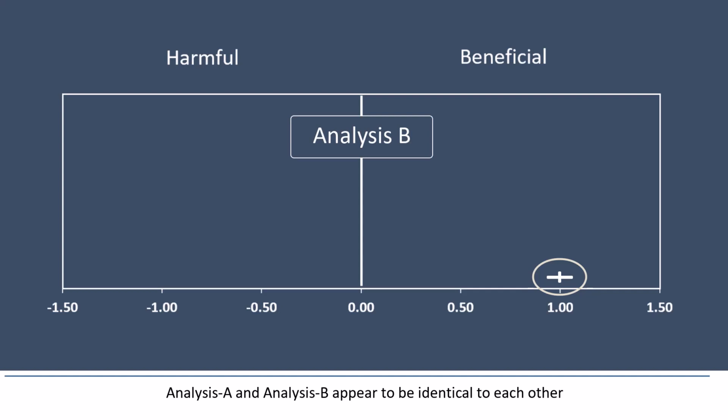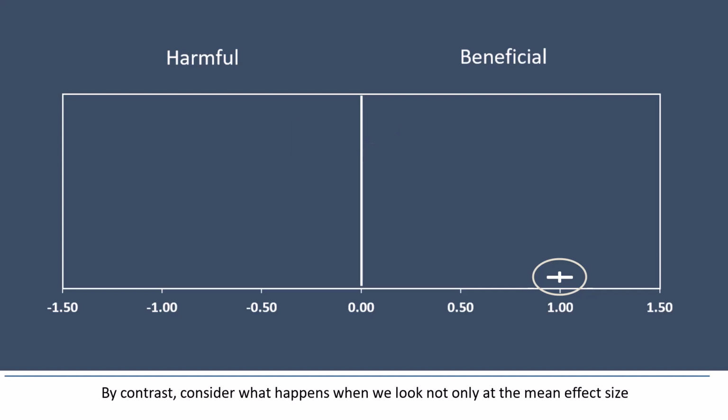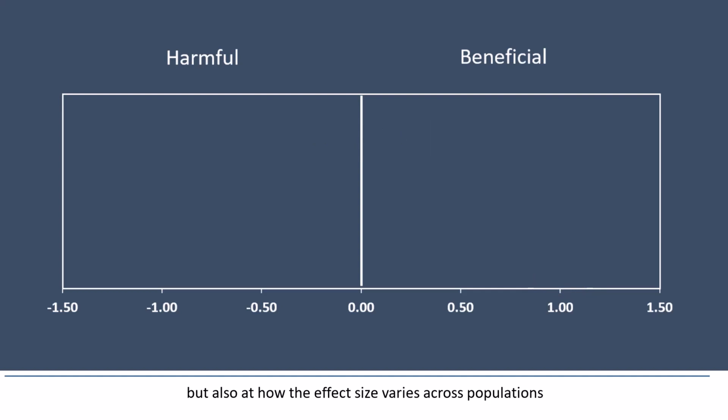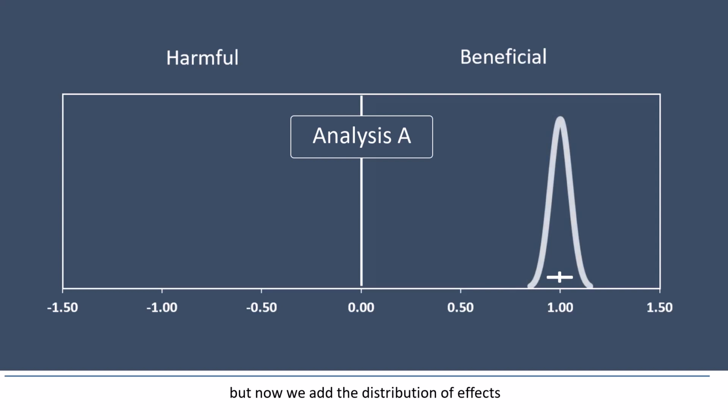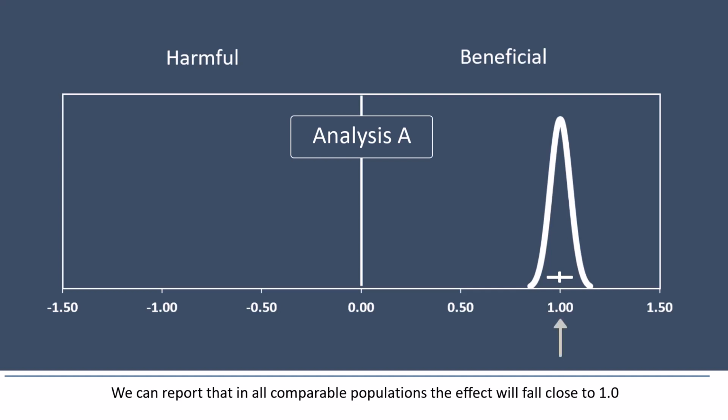By contrast, consider what happens when we look not only at the mean effect size, but also at how the effect size varies across populations. This is the same analysis A that we saw before, but now we add the distribution of effects. We can see that the treatment has essentially the same effect size in all populations. We can report that in all comparable populations, the effect size will fall close to 1.0.